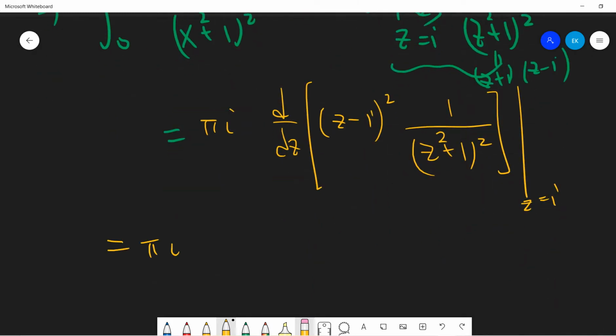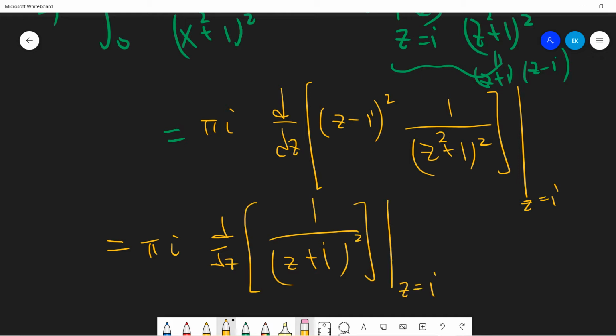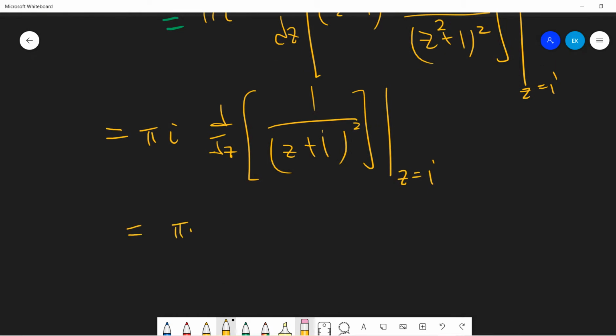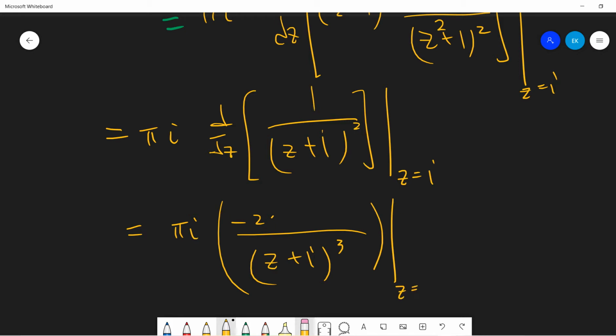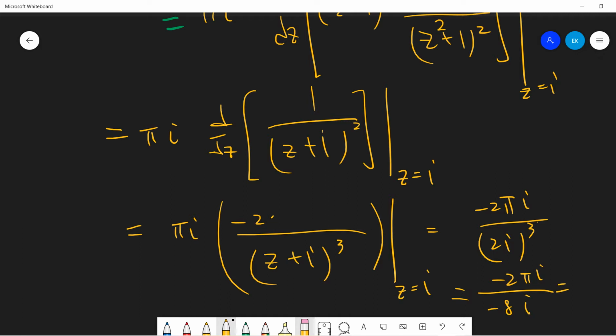So this is pi i times the differentiation with respect to z, and then we plug in z equals i. So this is negative 2 pi i over (2i) cubed. So it's minus 2 pi i over 8 times minus i, right? So the answer will be pi divided by 4.